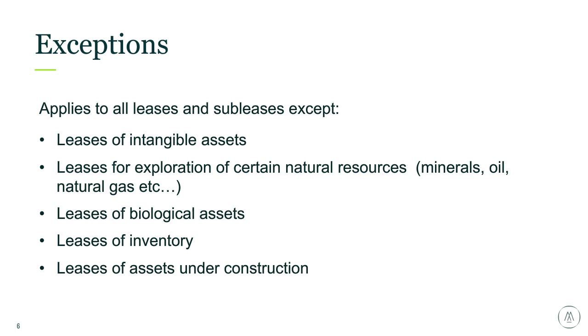Many of you likely will have some land leases that contain some of these plants or crop-producing assets, and so Jeff's going to talk a little bit later in the slides about non-lease components and potentially carving those out as non-lease components and just recording the land piece of it. So that'll be coming.